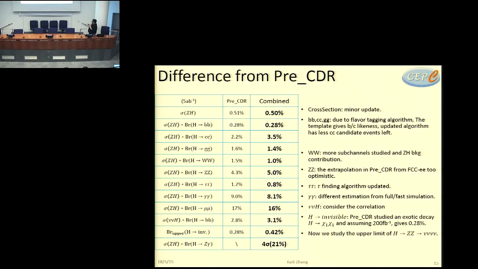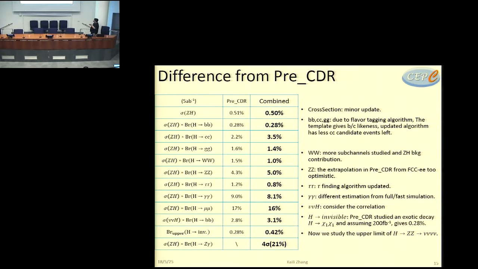And for this study, we see that the pre-CDR result is an extrapolation from the FCC-ee, and this result proved to be too optimistic, and the current study has a result of 5%. And for the tau tau channel, Yudang will introduce later, and we have the updated tau finding algorithm.